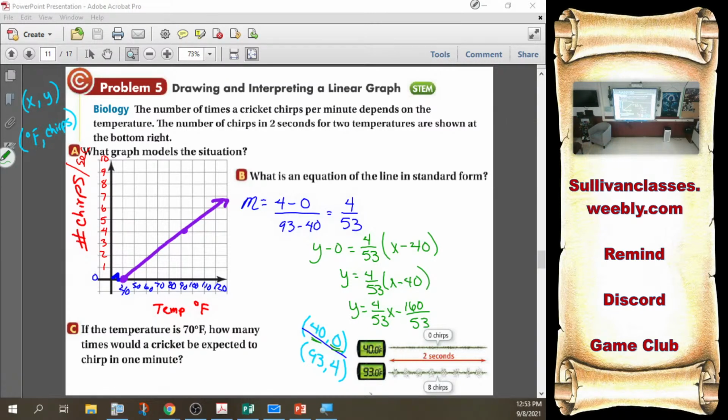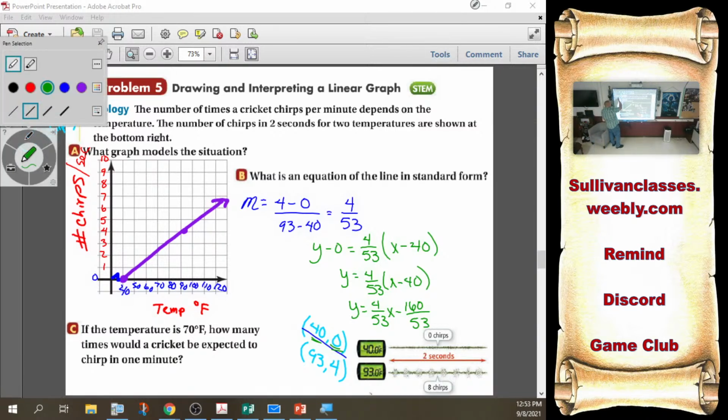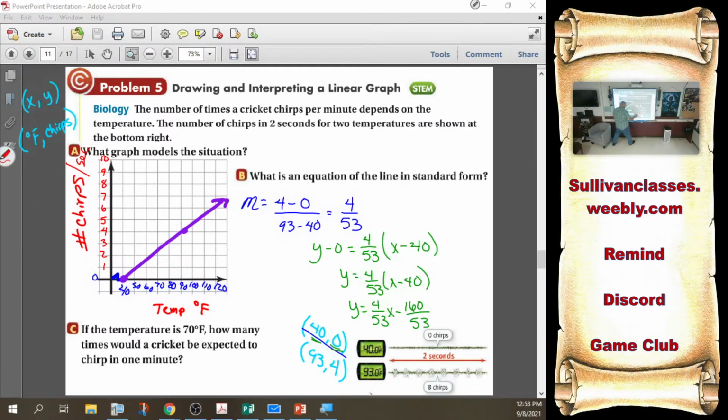If you don't like fractions, you can give an approximation of that. But when you do, make sure that you put this is approximately. So this is the actual answer, but I can say is approximately. Okay, now go ahead and grab decimal. If you put approximately, now I can put a decimal.